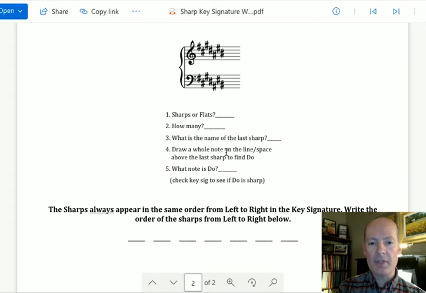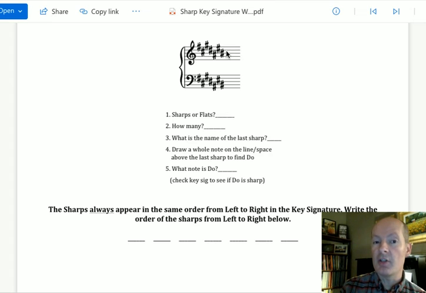Draw a whole note in the line or space above the last sharp to find do. So I'll draw it in this little space here, space number 3, in the space of C. But notice that there is a sharp sign on C, which means that C is sharp in this key signature, and therefore C sharp is do. A half step above B sharp is C sharp.